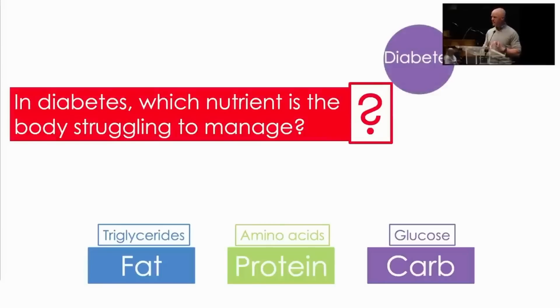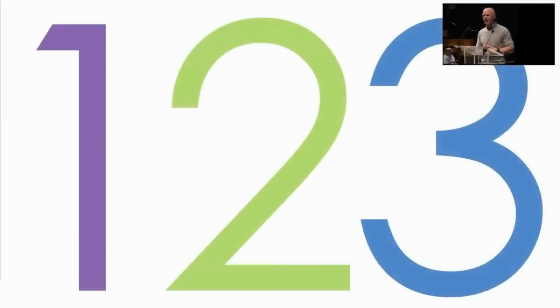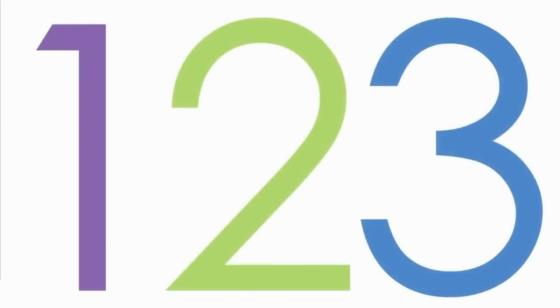In type 2 diabetes, which is just a prolonged insulin resistance, which of these nutrients in the blood is the body struggling with? Actually, it's a little more complicated than I'm mentioning, but what's the one that we obsess over? Well, of course, it's the glucose. And no surprise, that's the thing we're eating the most of. So I submit to you there are 3 pillars.